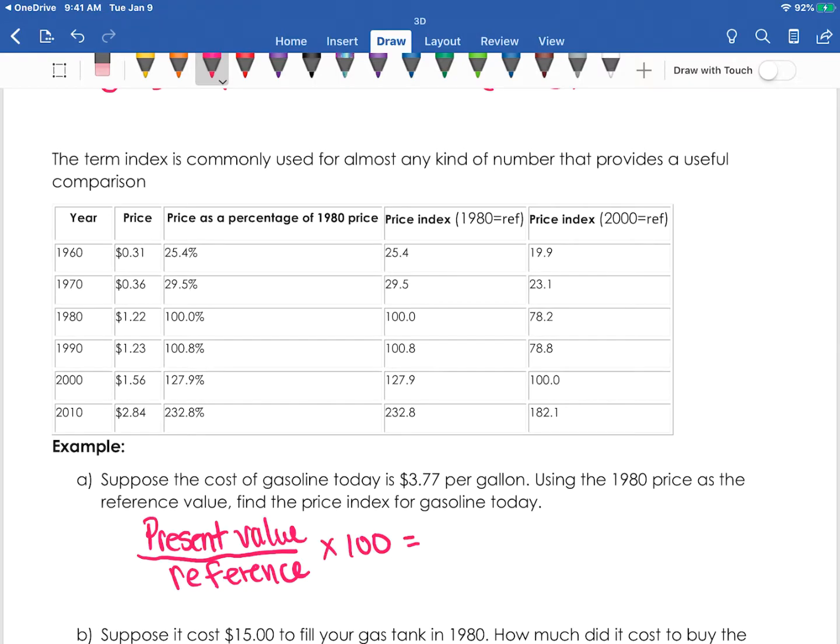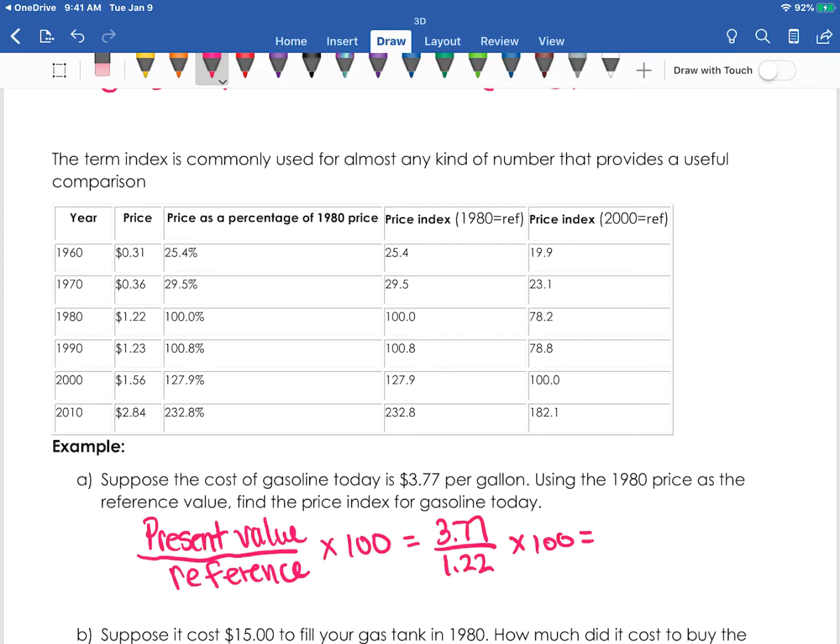Our present value, what we're trying to compare, is the 3.77. What we're comparing it to is our reference value, which is the gas price in 1980. If we look at 1980, it's $1.22. We multiply that by 100 to put it in percent form.